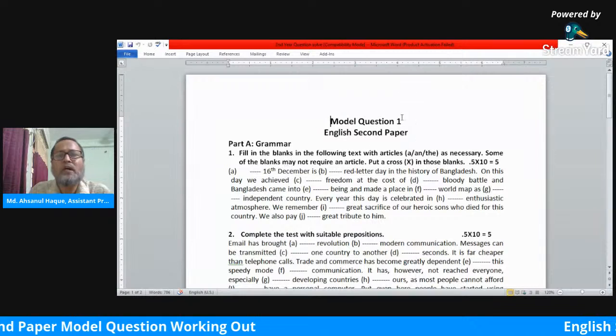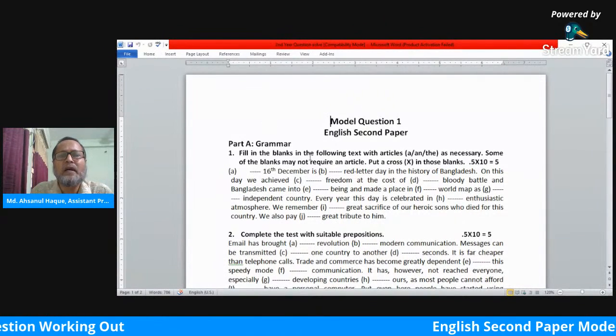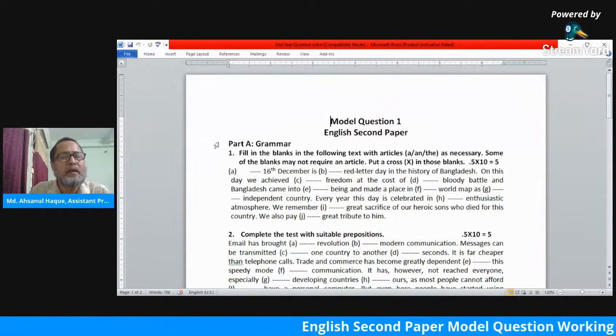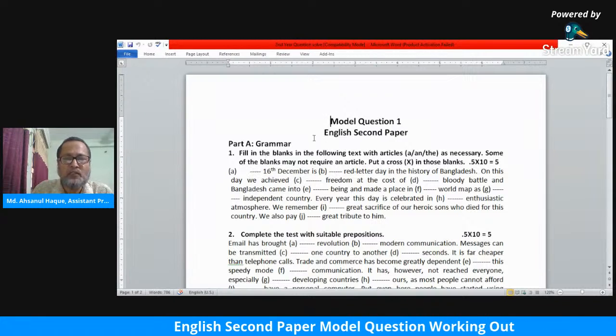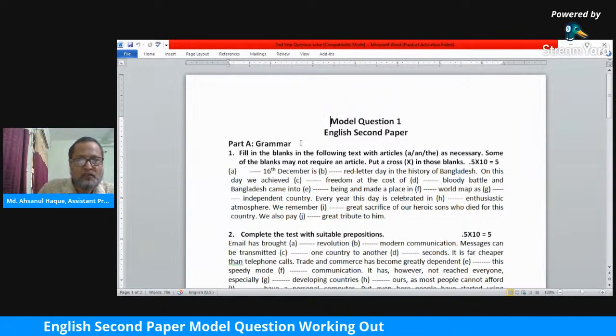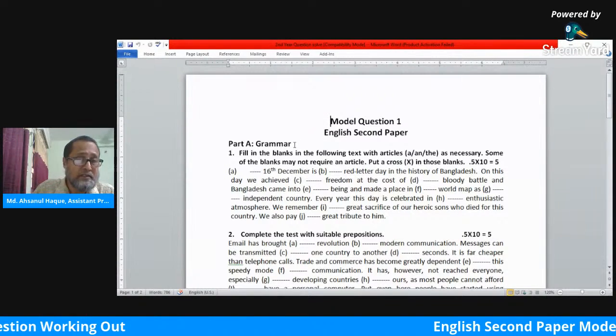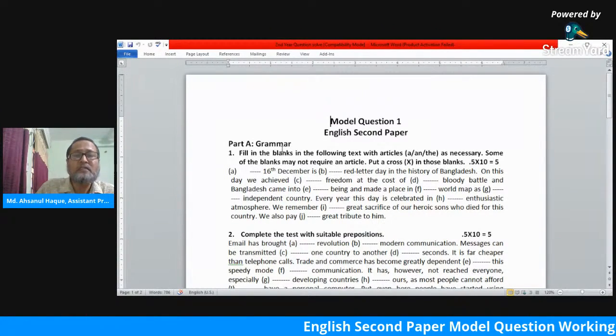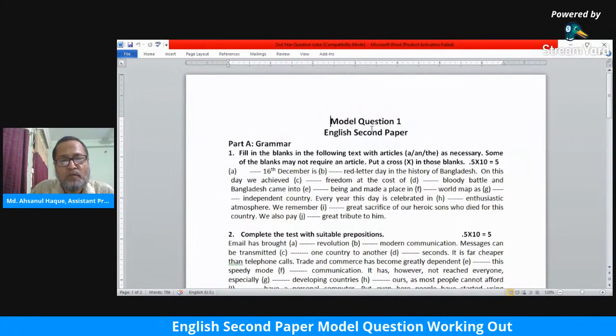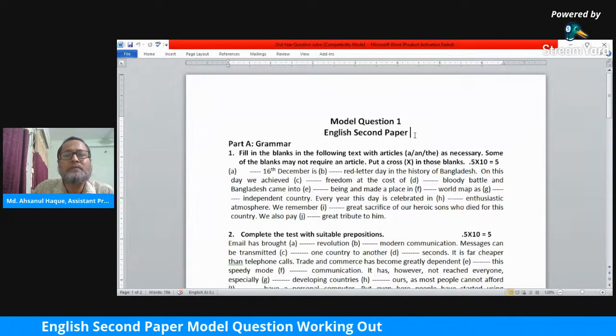I think the students who are now with me can clearly see the questions. There are as many as six questions scheduled for today. Today we want to work out six questions, and all the questions are taken from the test paper.